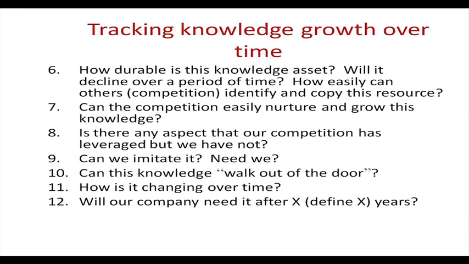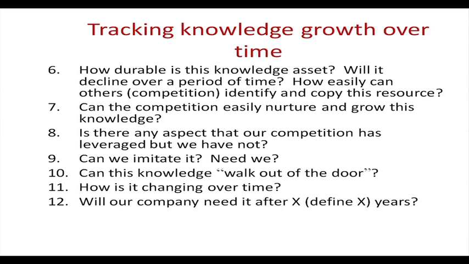So, how are we going to do it? Yes, you have to see what the durability is, whether it is going to decline over a period of time, okay. Whether knowledge can be imitated, modeled by others. Okay. See, knowledge is a resource which is very difficult to imitate and copy, right. But similar knowledge can also be created by other organizations. For example, one bank which created the ATM to start with, right. So, it provided them a competitive advantage.